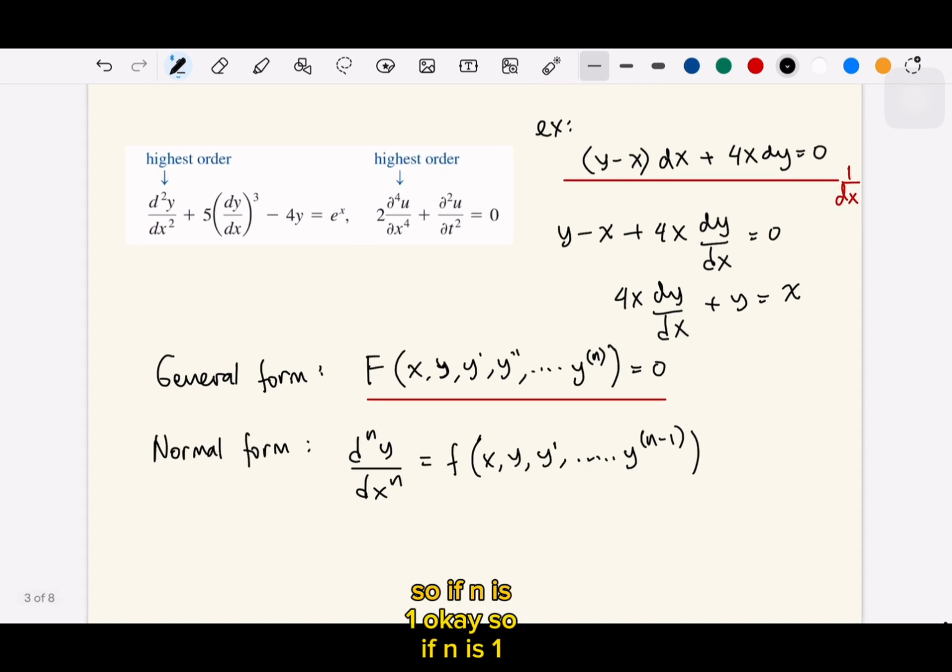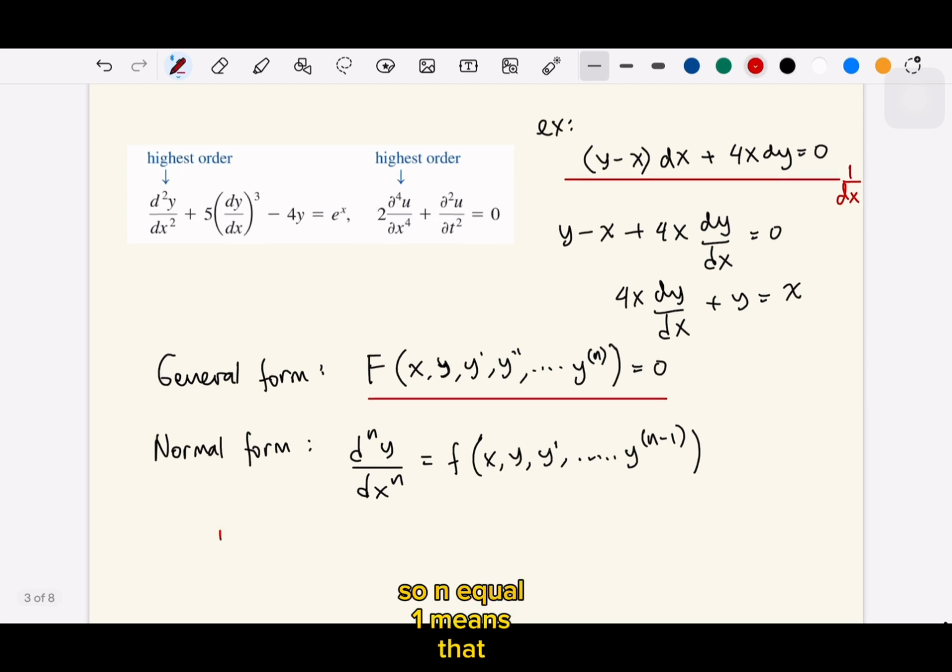So if n is 1, n equal 1 means that dy dx is f of x, y.